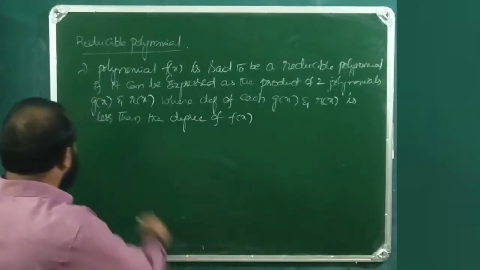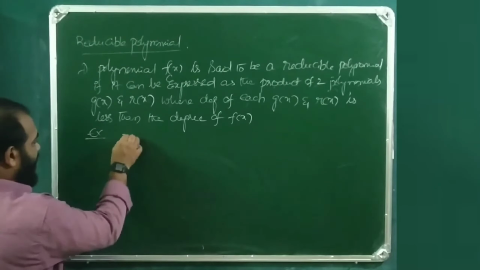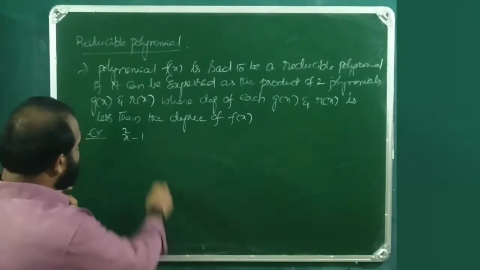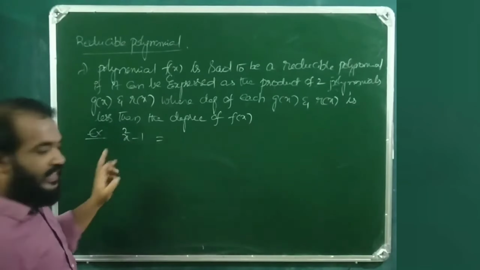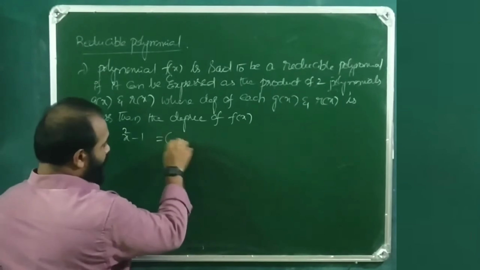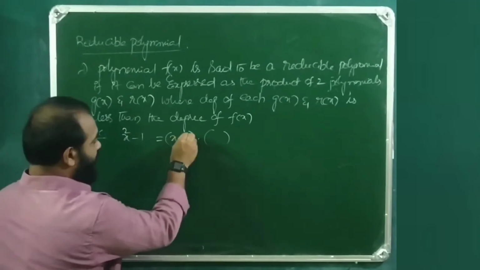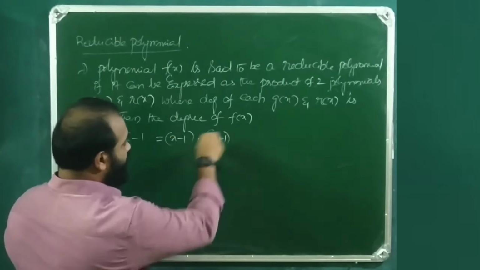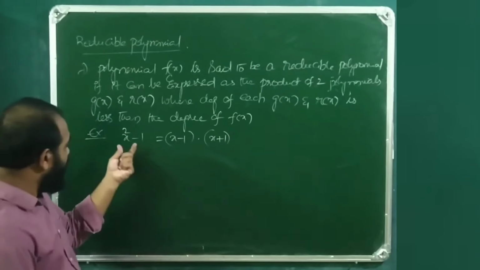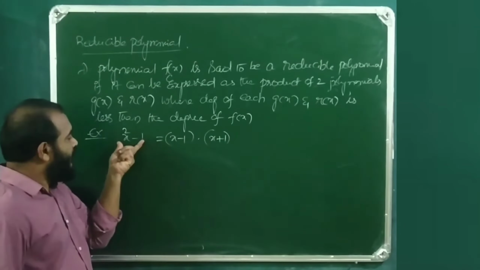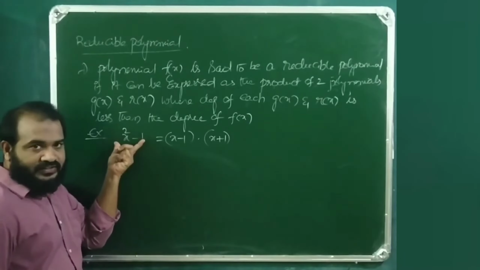reducible polynomial. If you take an example, x square minus 1, this can be expressed as a product of two polynomials: x minus 1 into x plus 1. So this is a polynomial and these two are also polynomials. Let us suppose that this polynomial is f of x.